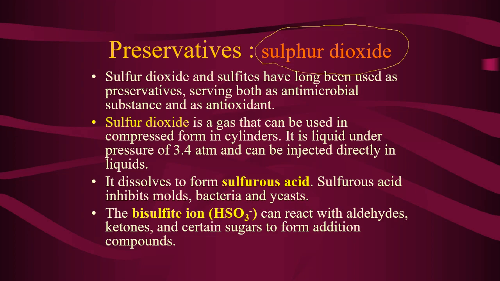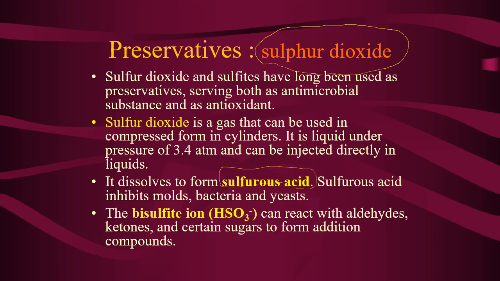Sulfur dioxide exists in gas form and can be used in compressed form in cylinders, and it is liquid under pressure of 3.4 atmospheres, and it can be injected directly in liquid. After it is injected, it dissolves and forms sulfurous acid. This sulfurous acid is the one that inhibits the growth of mold, bacteria, and yeast in food products.